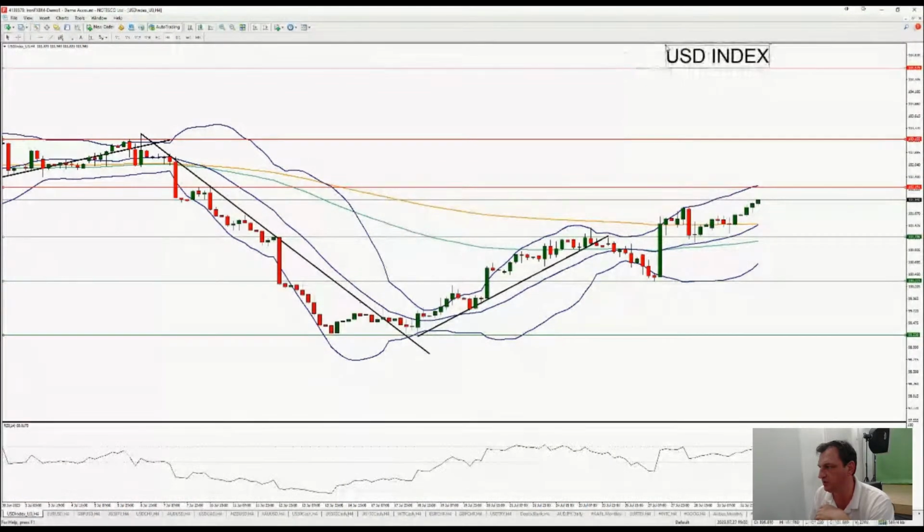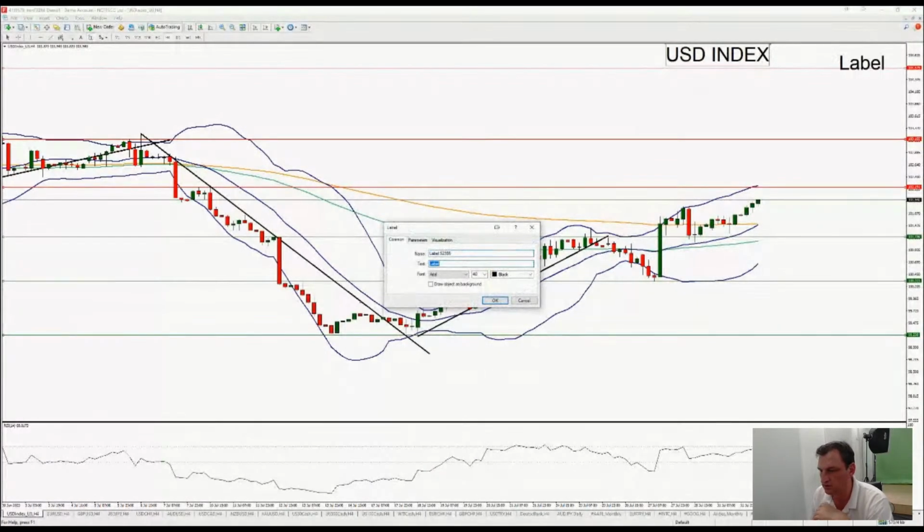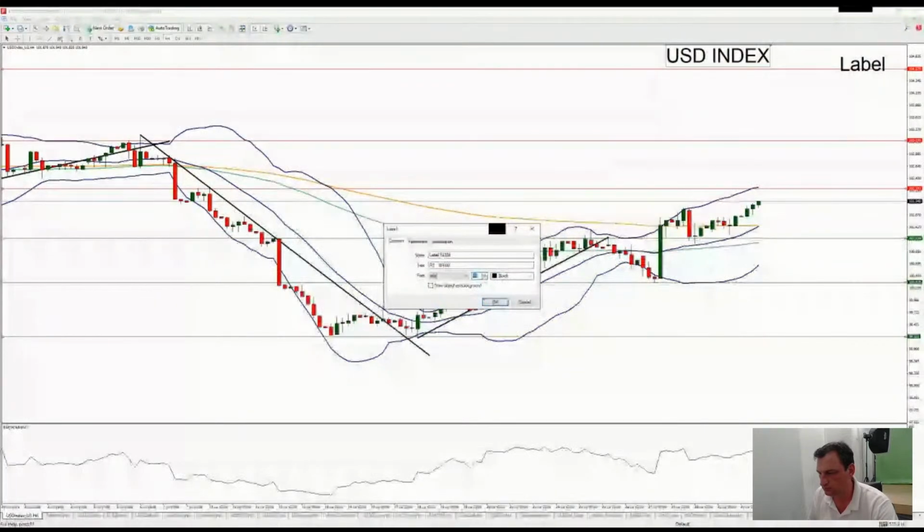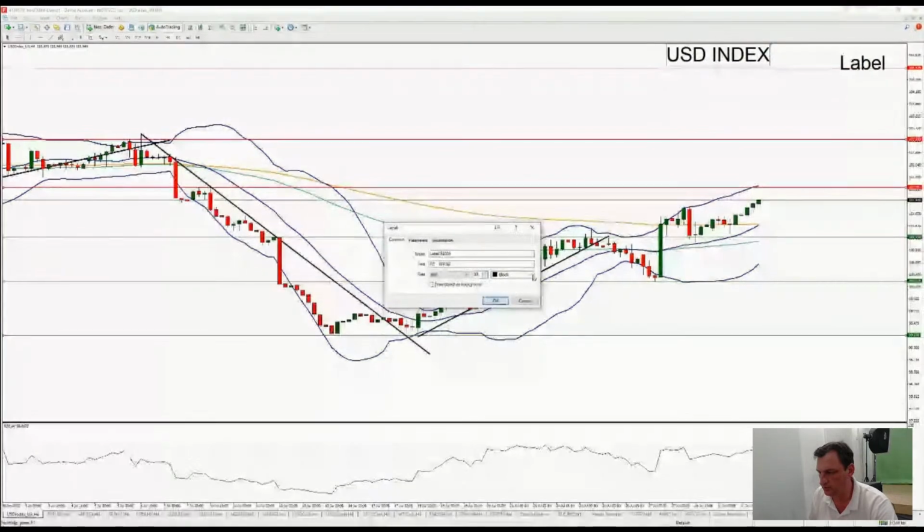Okay, that should be visible. Let's start setting support and resistance lines, starting with the R1 at 104.60, in red.